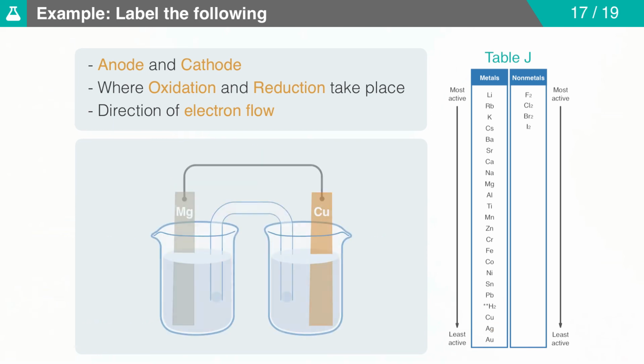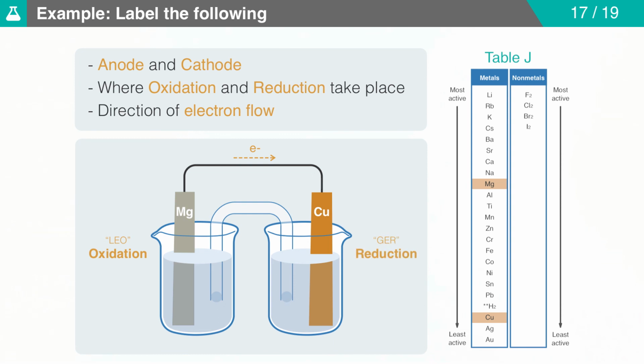Okay, let's try one more. So again, we're labeling the same thing. First I want to locate my metals on table J. I see copper is down here, and I see magnesium is higher up, so electrons flow from high to low. So magnesium to copper. So I label my electrons. If magnesium is losing electrons, LEO tells me this is my oxidation, and then GER tells me this is my reduction.